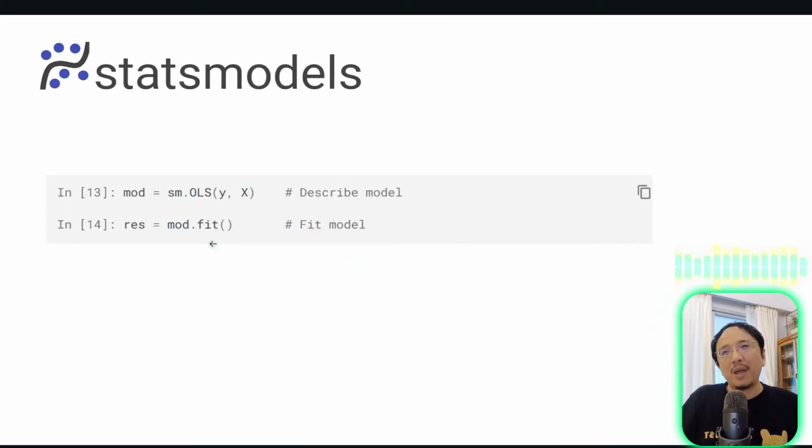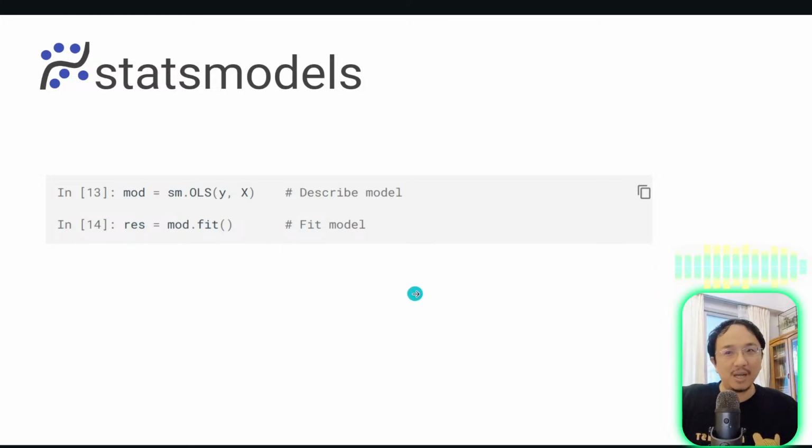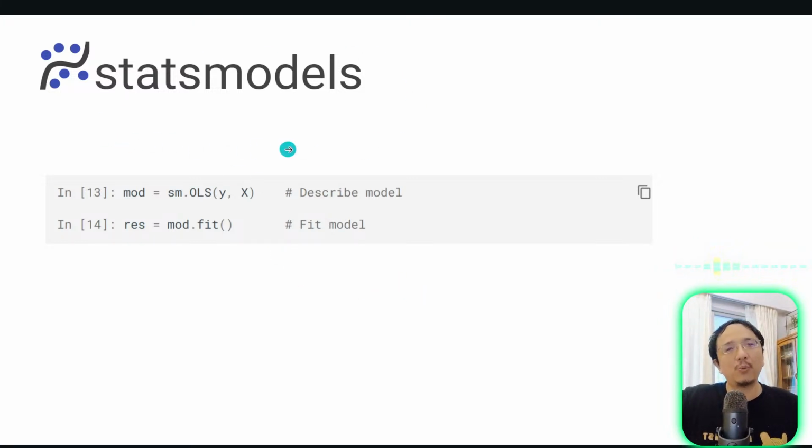Another thing I want to mention is statsmodels. Statsmodels is a Python module for doing statistics. Although SciPy has some statistics functionalities, compared to R, it lacks a lot of functionality. So statsmodels is the go-to module if you require some statistics functionality in Python that does not exist elsewhere.